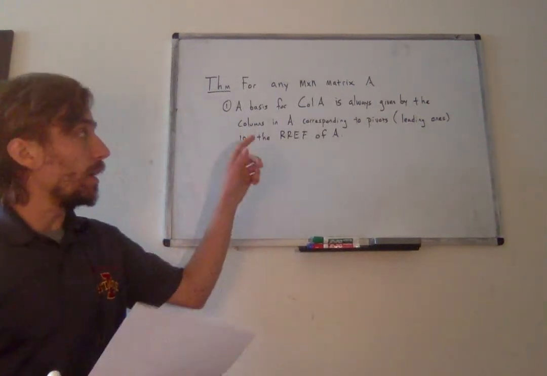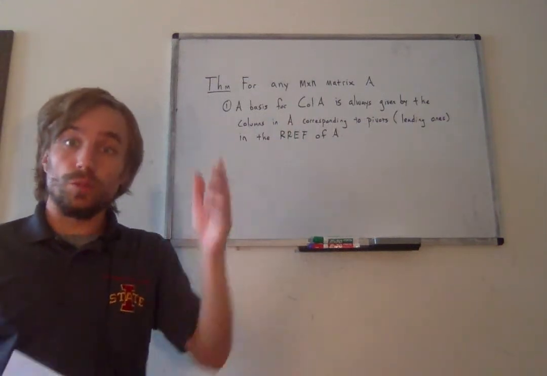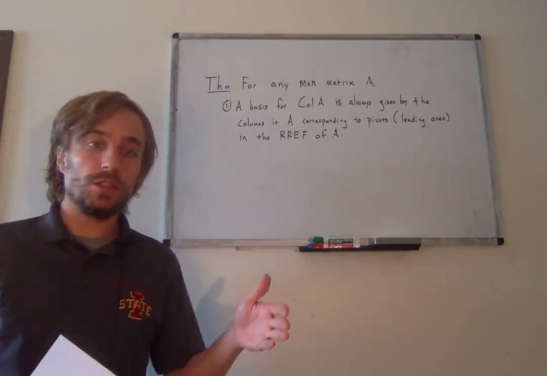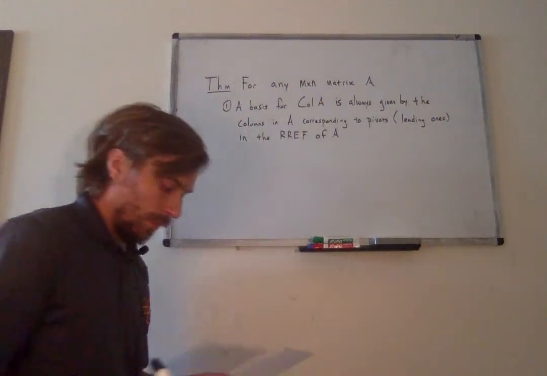And be very careful here: you row reduce, in the row reduced echelon form you find the leading ones, and then you take those columns in the original matrix A.